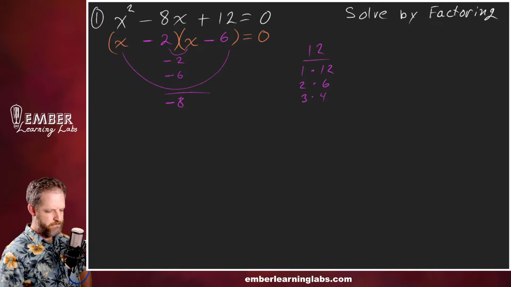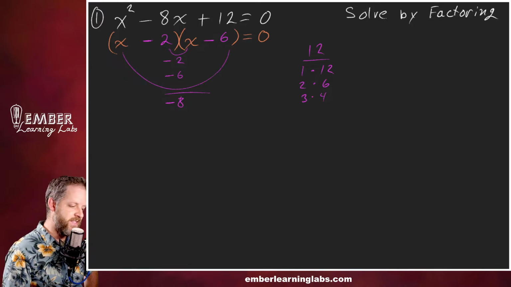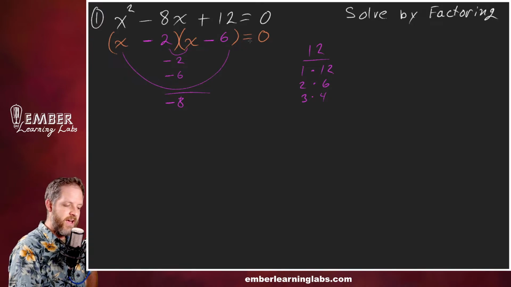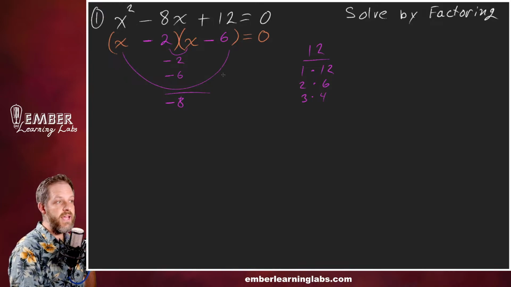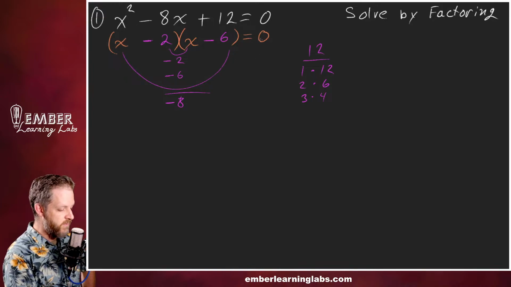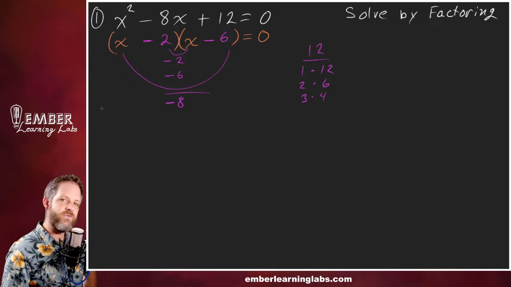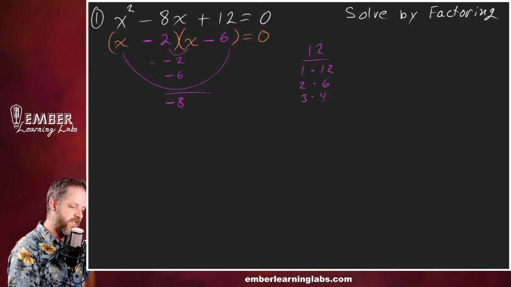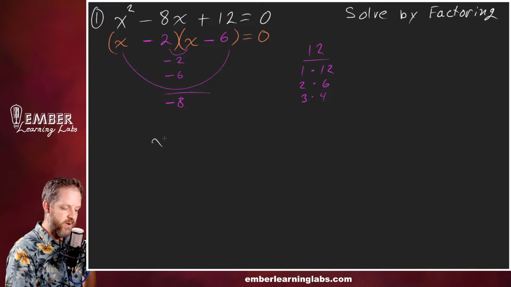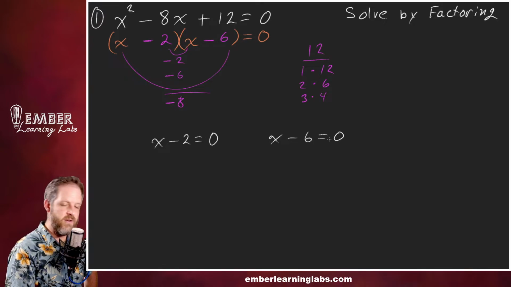Now, there is a theorem that says that if we have an equation that is completely factored and equal to 0, then in order to finish solving it, we can set each factor equal to 0. So we split this into x minus 2 equals 0 and x minus 6 equals 0.